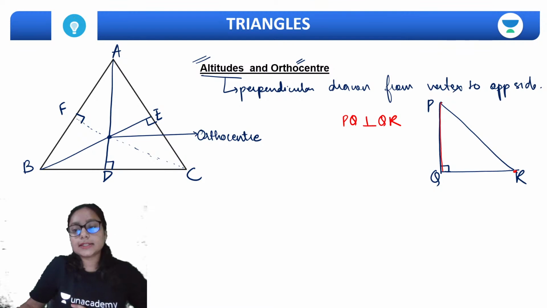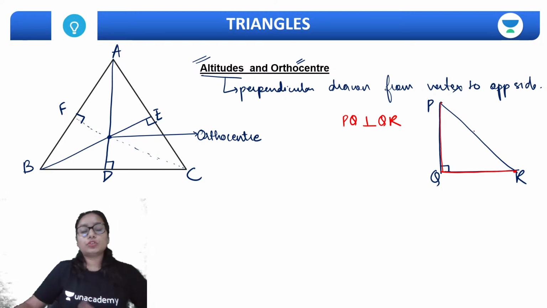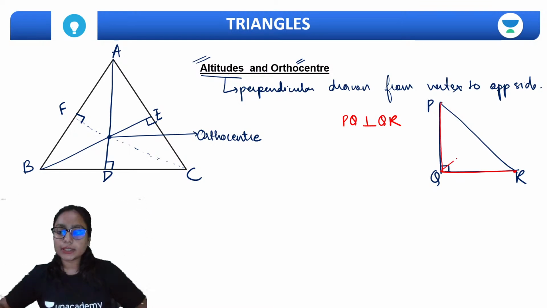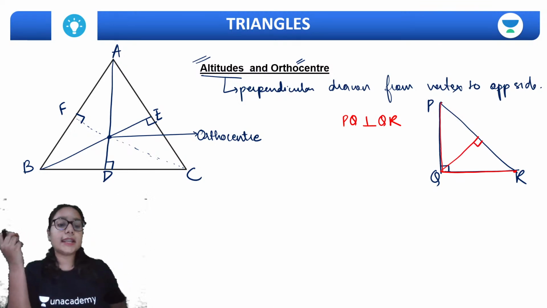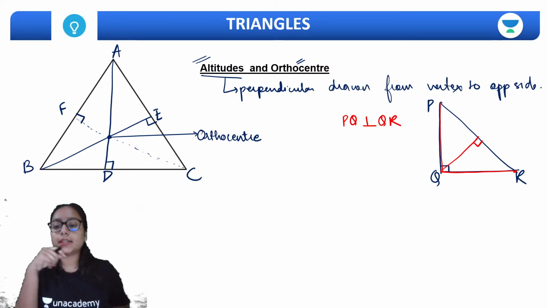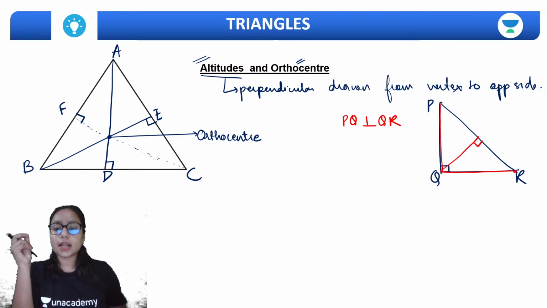PQ, and this side only is the altitude. Okay. Likewise, let us draw an altitude from point Q to PR. So this way I can draw the altitude. Now please tell me what is the intersection point of all these 3 altitudes. Think about it and answer. What is the intersection point of these altitudes?